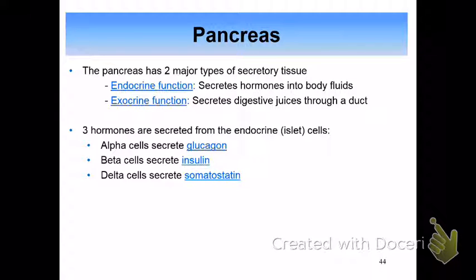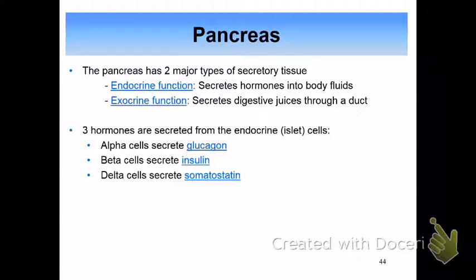And we'll do digestion later, so don't worry about it now. But it functions, it says endocrine and exocrine. Endocrine gland, it makes hormones. This is your insulin and glucagon that control blood sugar. Exocrine, it actually fits into the small intestines, and it helps digest your food with the small intestines, which we'll talk all about that later. Okay, 3 hormones of the pancreas. Hormones. Digestive juices later.